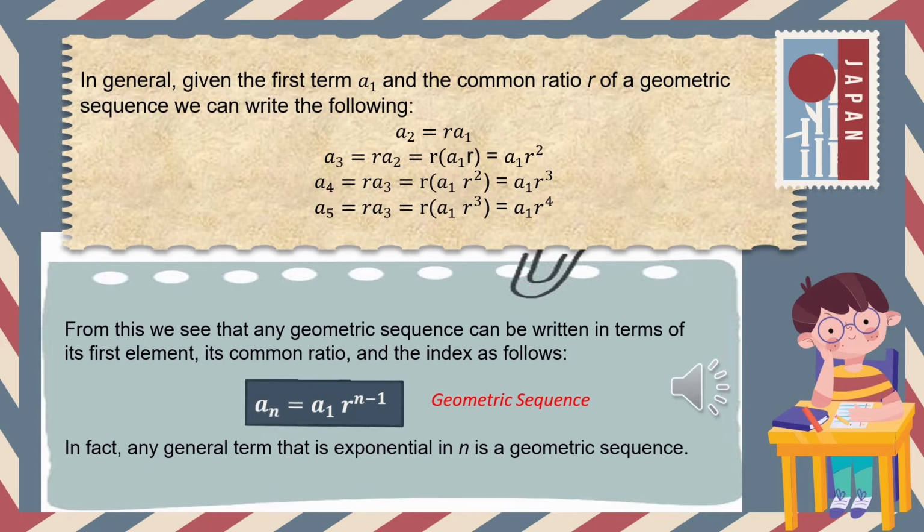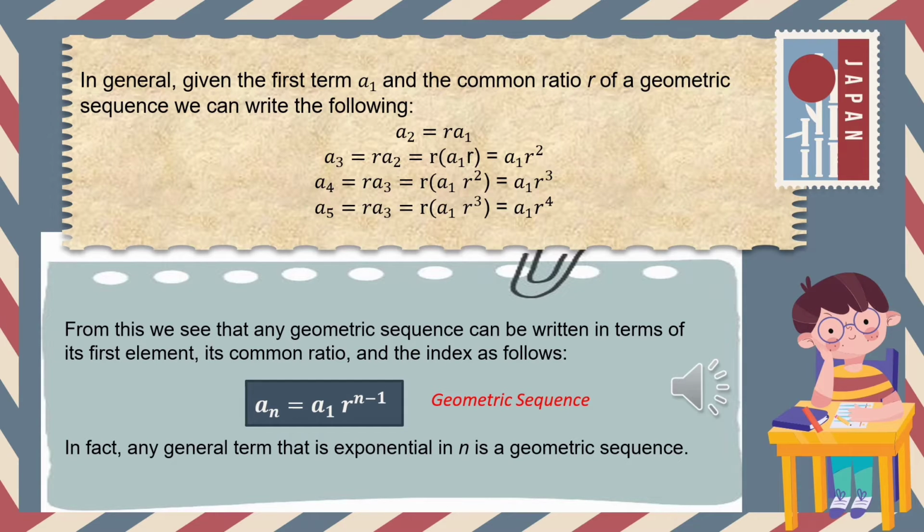In general, given the first term and the common ratio of a geometric sequence, we can write the following. The second term is r times the first term. The third term is r times the second term, is r times the first term times r, is the first term times r squared.